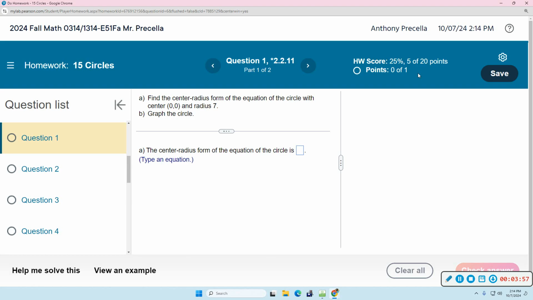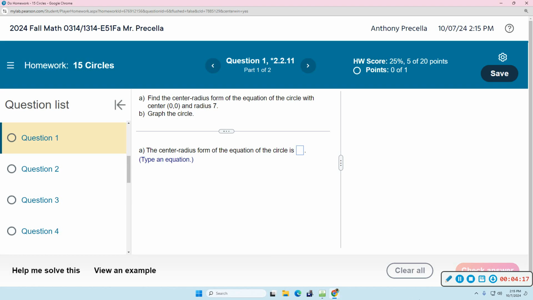Let me write this down. Number 1, they tell us that the center is at the ordered pair (0, 0). Centered at the origin, that's always the nicest type of circle. You'll see what I mean when we're drawing it. The radius is 7.